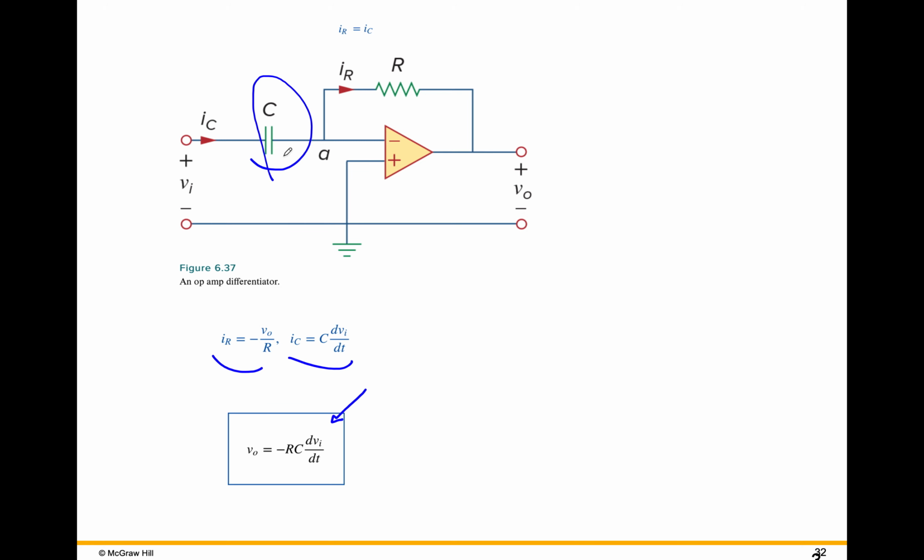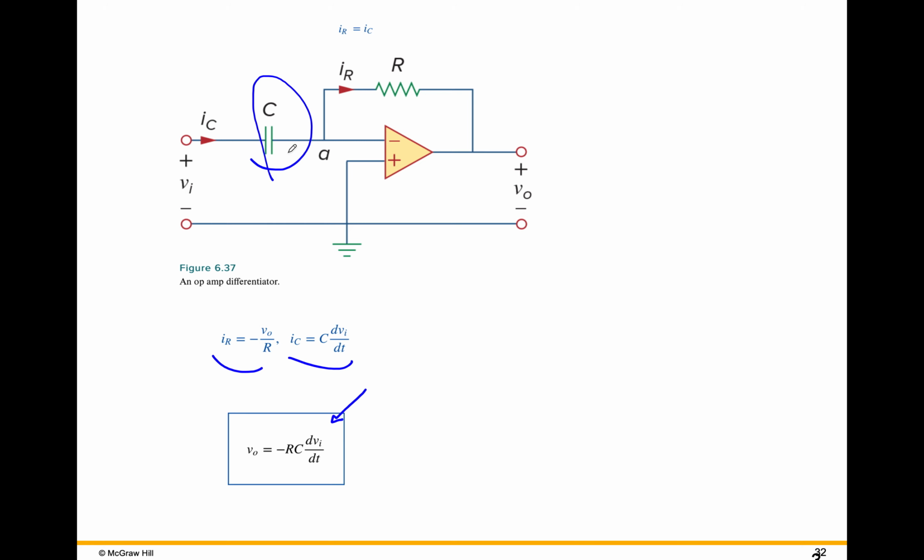So if you have issues with DC in a signal that you don't want, you can use a differentiator to get rid of the DC and pass the non-DC part of the signal. So those are two little circuits showing you some of the applications of op amps as well as some of the applications of capacitors.